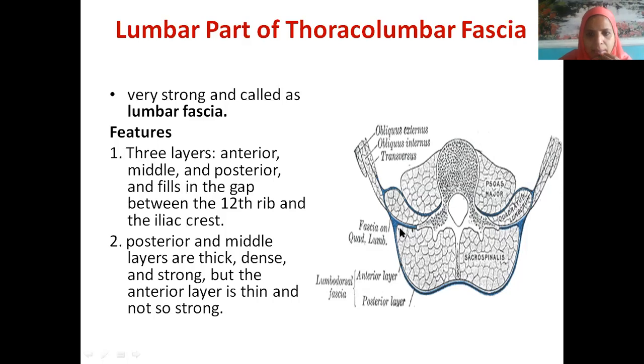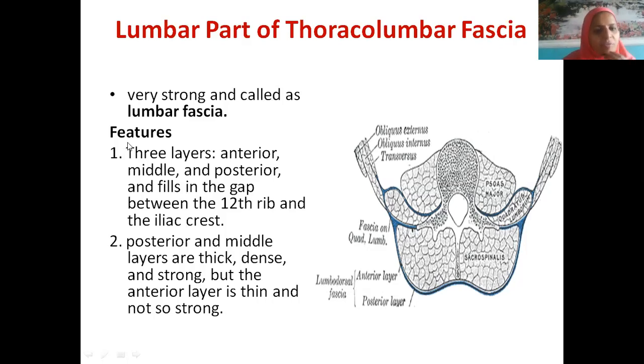All these layers fuse on the lateral aspect and become continuous as fascia transversalis. Where do we find fascia transversalis? Below the muscles of the anterior abdominal wall.